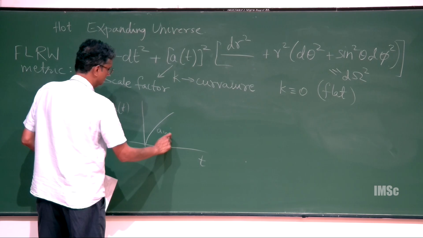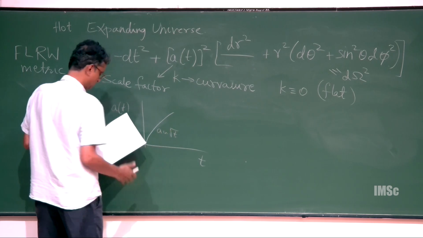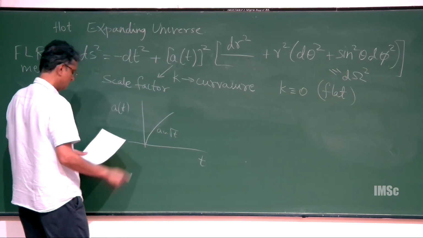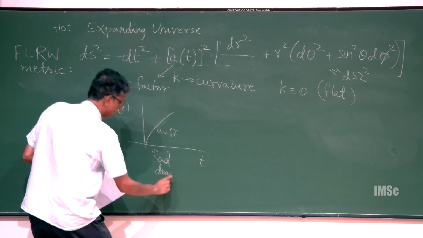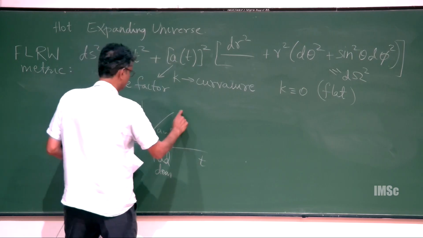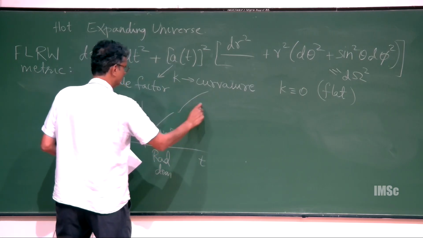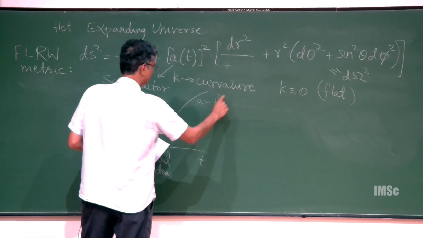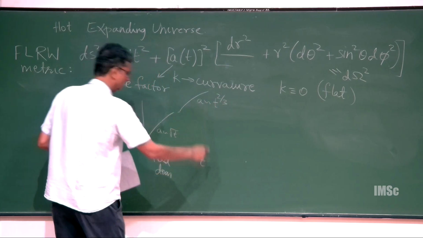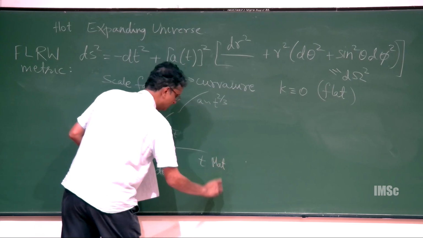So that's in the radiation domination. And then in matter domination, it will go like t to the 2/3. Hopefully what these things mean will become clear later on.